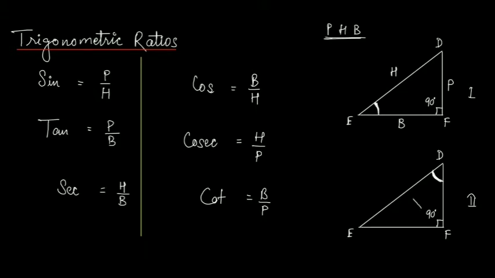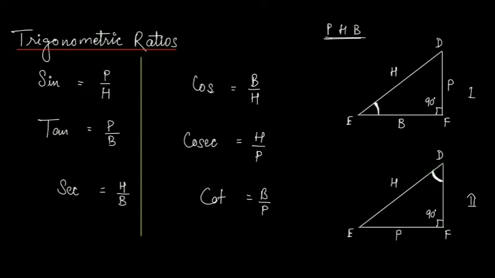In the first figure, triangle DEF, what is the hypotenuse? I already told you, the opposite side of the right angle is always the hypotenuse. So here DE is the hypotenuse, and we are taking angle E. What is the opposite side of E? That is DF. So the perpendicular is DF, and the remaining third side is the base.